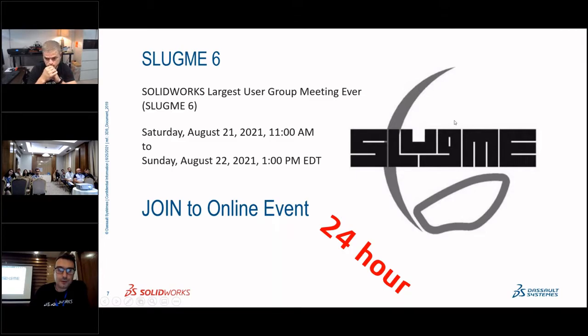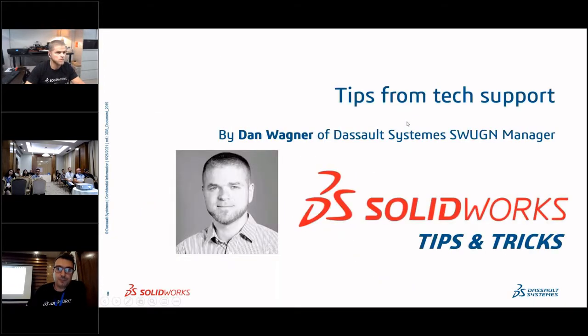And finally, I want to note one event. It's SWUGN 6, SolidWorks' largest user group meeting ever. This year, it will be 24 hours, starting August 21 and ending on August 22.